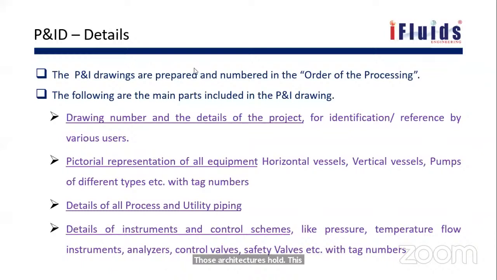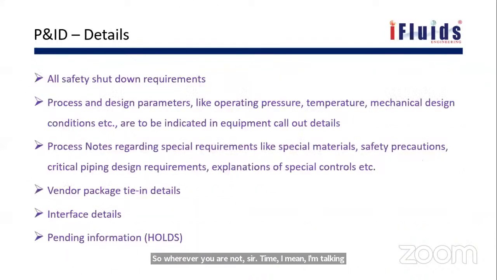This is to be clearly indicated in the P&IDs. Wherever you are not certain, I'm talking about the engineering part, whenever there is a dispute or doubt, hold is clearly mentioned, because wherever hold is there, that information is not final.